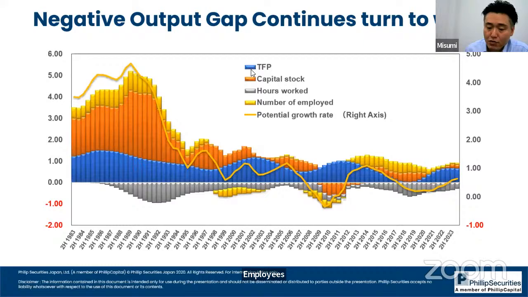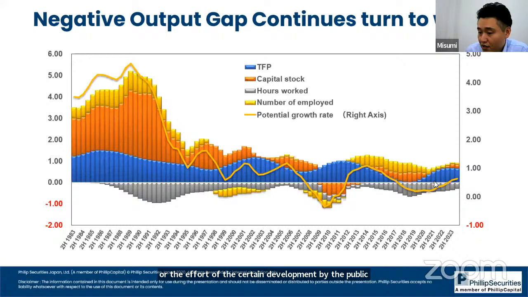TFP is total factor productivity, the residual not explained by the increase in capital and employees. The residual is considered to be technological change occurring because of the effort of companies or research and development by the public and private sectors.